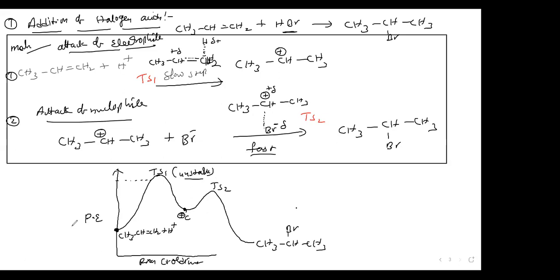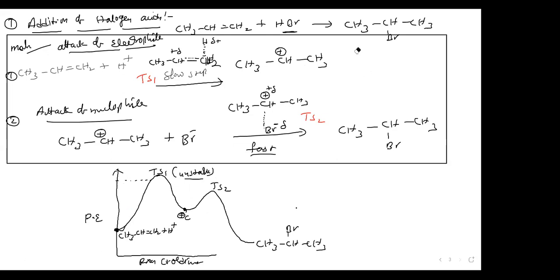So from the graphical point of view, what more information can we draw from here? Please make a note: this is the activation energy. For the first step, this is the activation energy. More the activation energy, what will be the reaction? Slower will be the reaction.